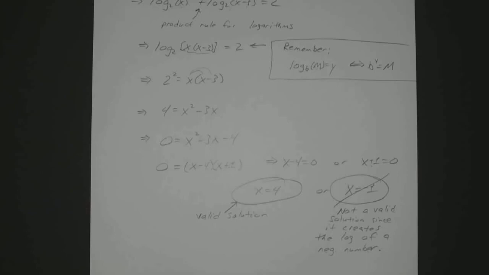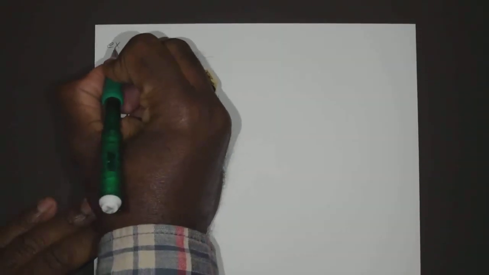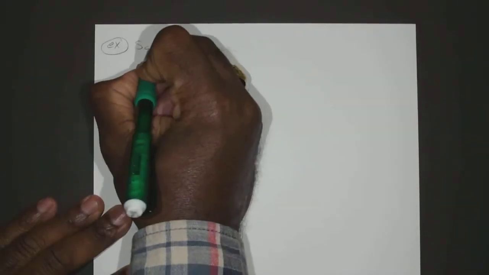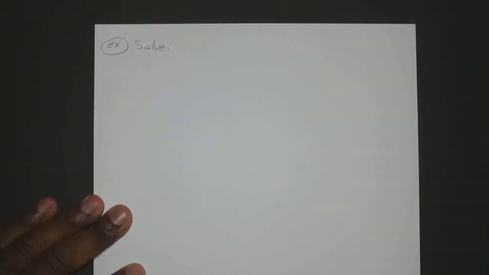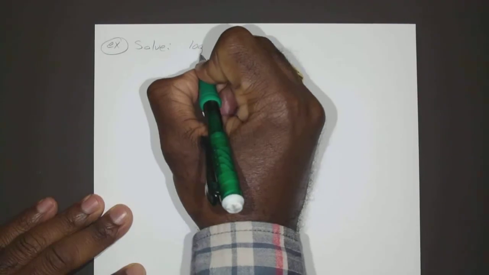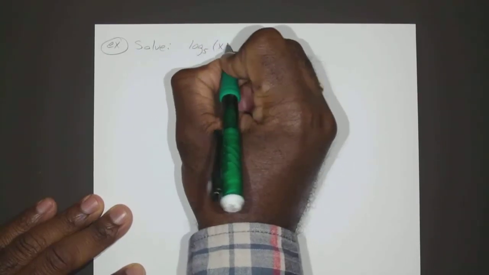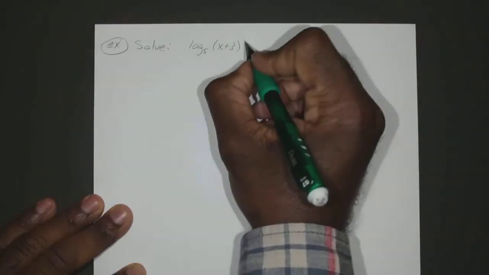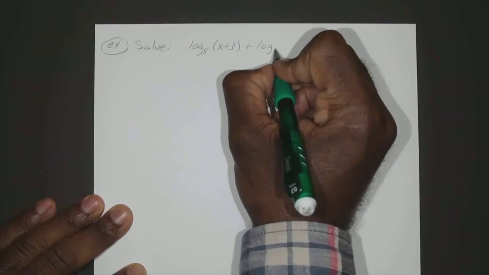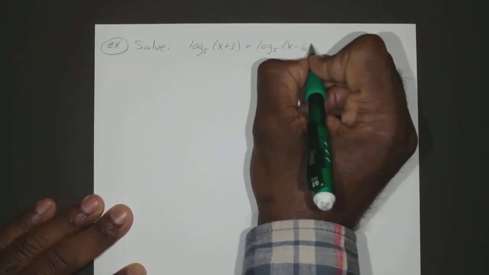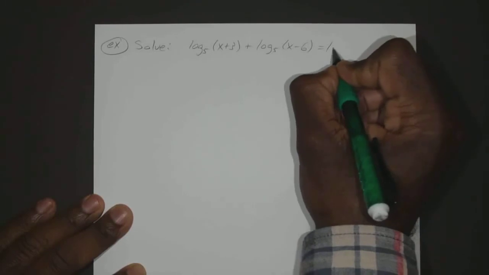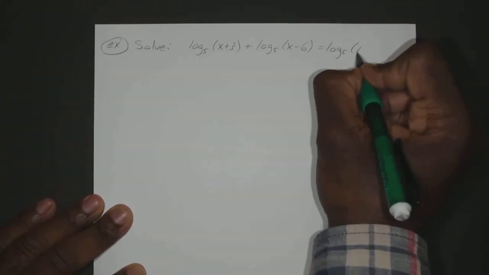All right, so the next example. Solve log base 5 of x plus 3 plus log base 5 of x minus 6 equals log base 5 of 10.